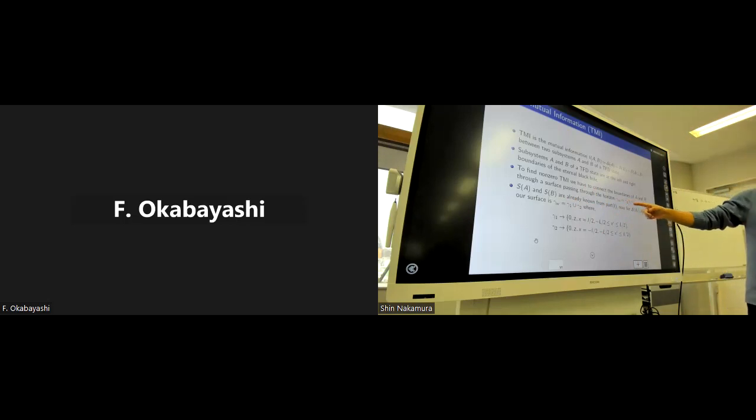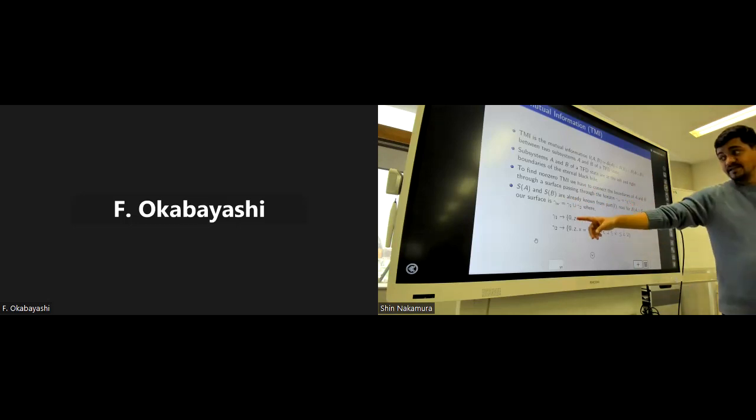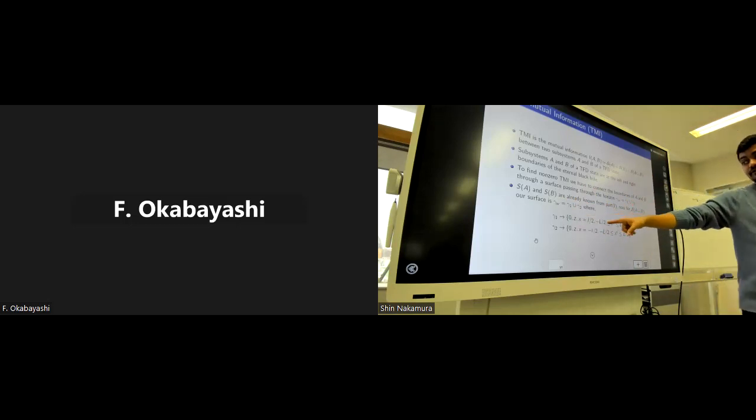So my wormhole surface will be the union of these two surfaces, 1 and 2. One is A connected with B, and the next part of A connected with B. So I define these two surfaces, gamma 1 and gamma 2, in this way.